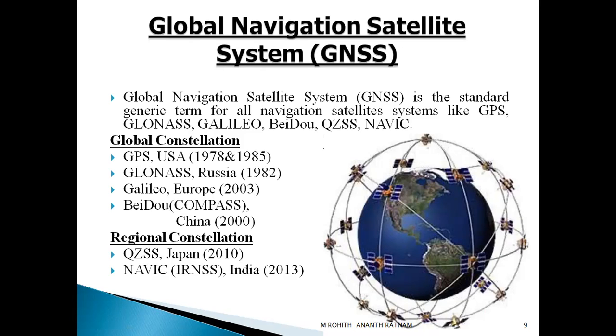Apart from these countries, all other countries use other countries' help to get navigation. Even though India has its own Indian regional navigation satellites, for commercial purposes right now in most cases we are using GPS satellites, but within a short time we may use our own navigation satellites.